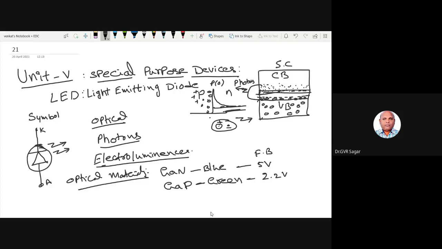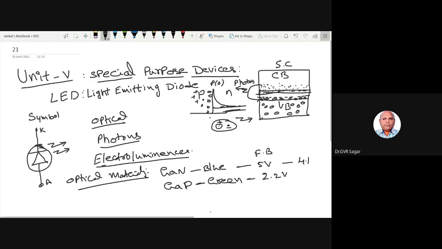If you take the same gallium nitride and use it at a voltage of 4.1 volts, a white light will be generated. So there are different ways you can generate different colors.